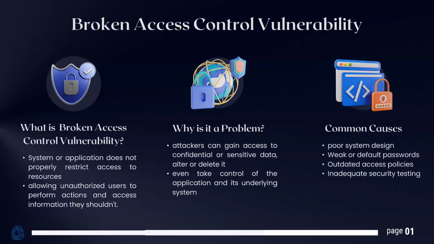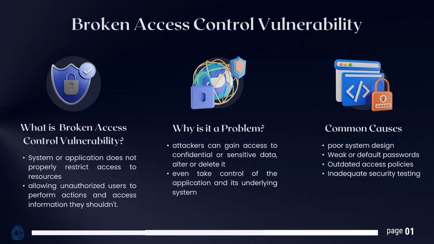And then, what are the common causes? There are majorly four common causes. First is poor system design. Initial and day-to-day development should follow a strong system design according to security purposes. Then weak or default passwords. This is one of the ways an attacker or security researcher can gain access, by brute forcing default or weak password lists. And outdated access policy.